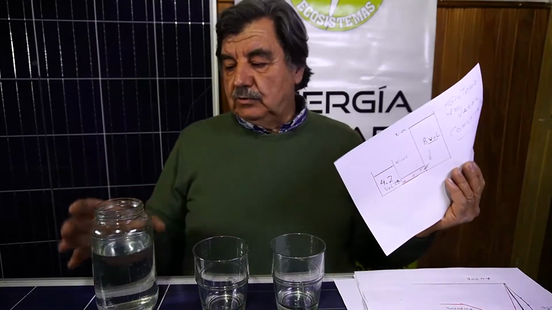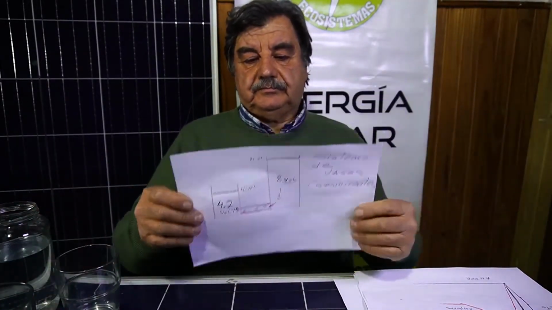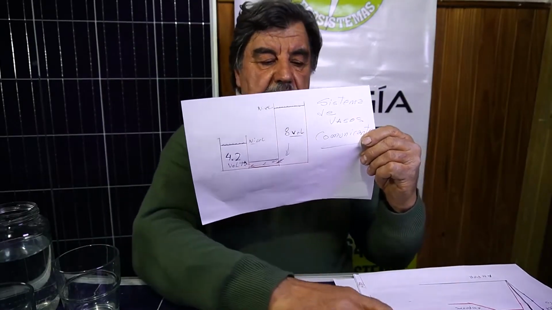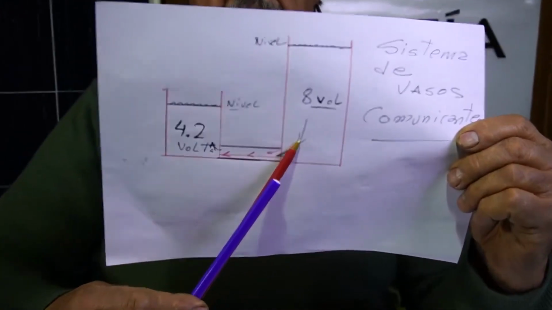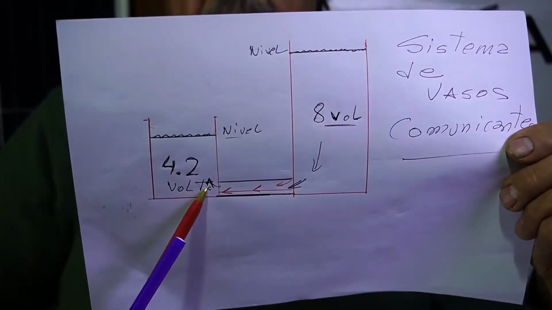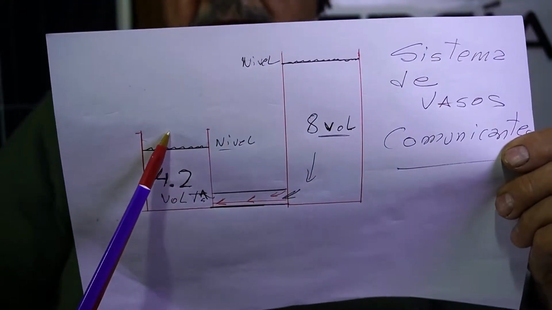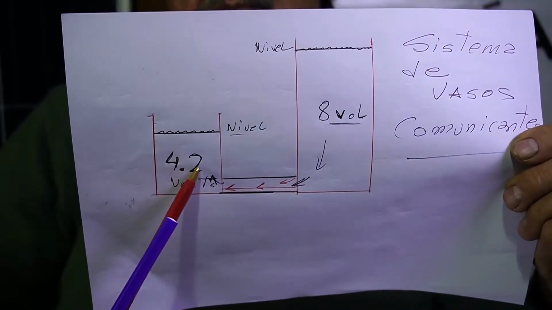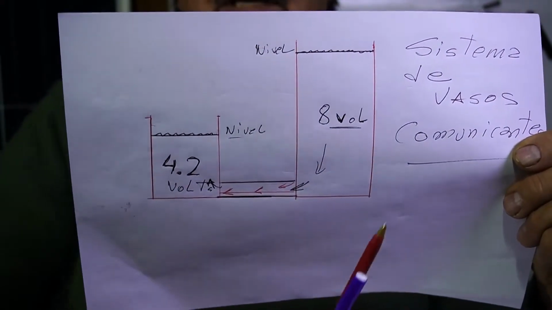In a system of communicating glasses, we join the two glasses from below, like in this drawing. We see that there is a communication below and that it will fit this glass. In this case, a battery of 4.2 volts, which will be the maximum level that it reaches while charging.